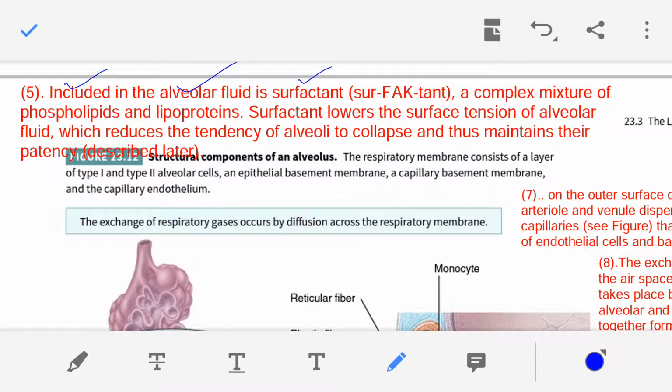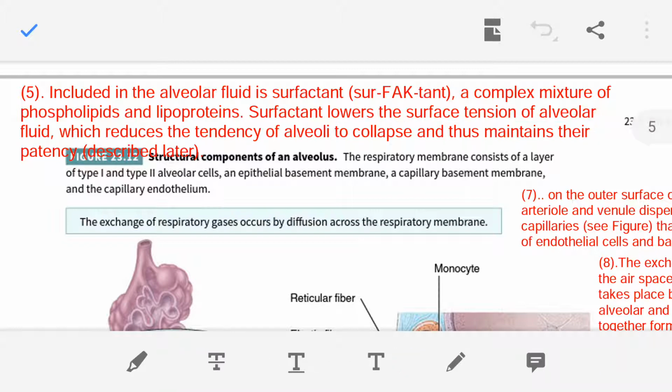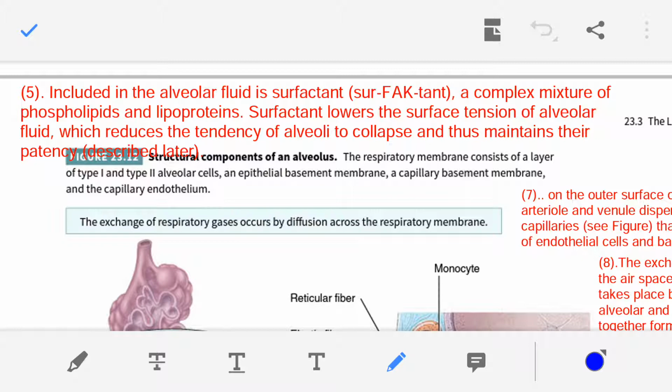Surfactant is a complex mixture of phospholipids and lipoproteins. And what is the function of this surfactant? Surfactant lowers the surface tension of the alveolar fluid.